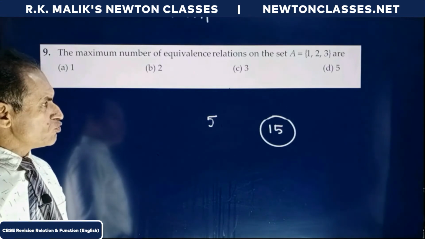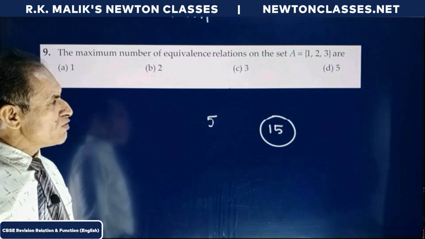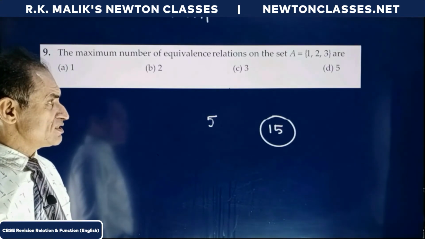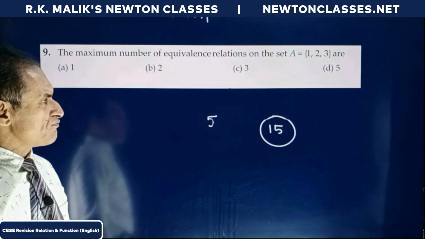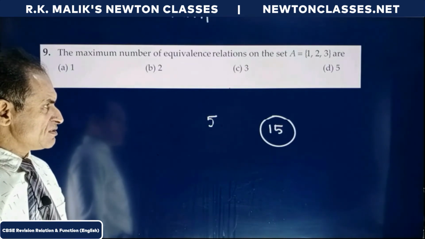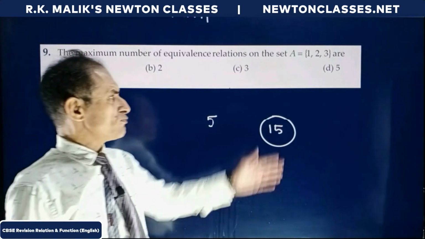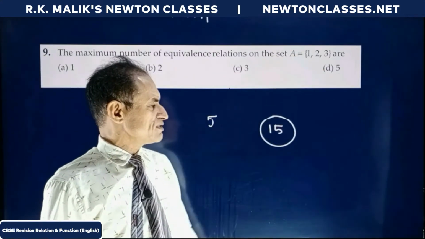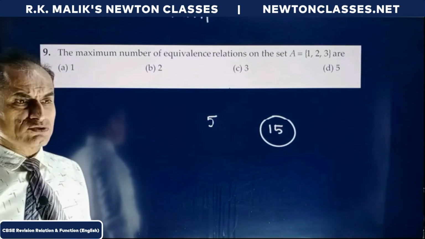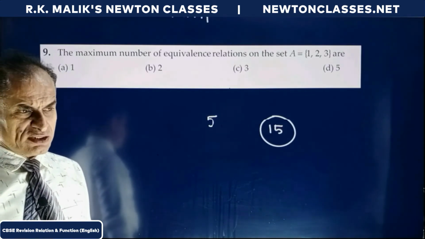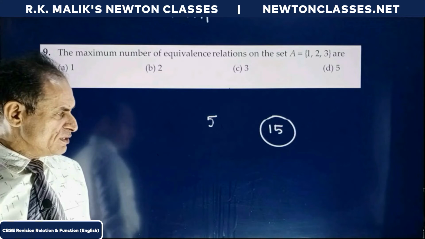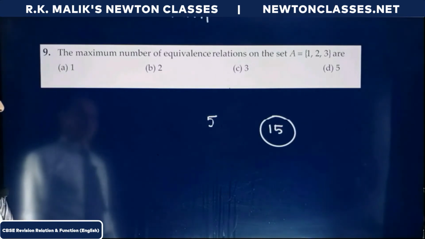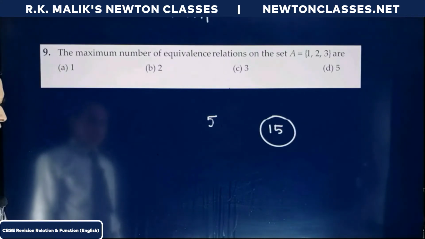Still, for those students who want to increase their knowledge of finding the number of equivalence relations in the case of a set containing 4 elements or 5 elements or 6 elements, again I am telling you this is just for knowledge, not for board.